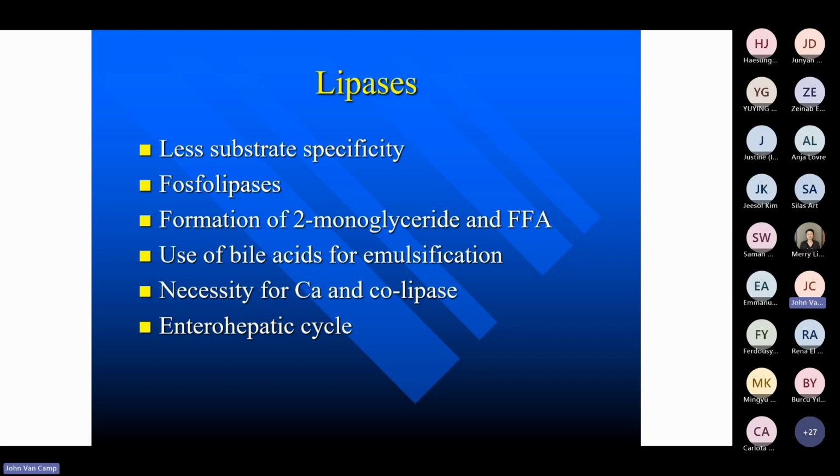If we would just leave it like that, it would not be stable and it would separate again, which we don't want. So in order to stabilize the emulsion, we need bile acids. These bile acids can interact at the interface between the water phase and the fat phase, and there they can stabilize the system.